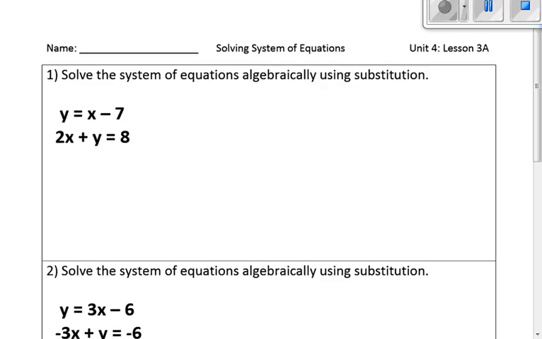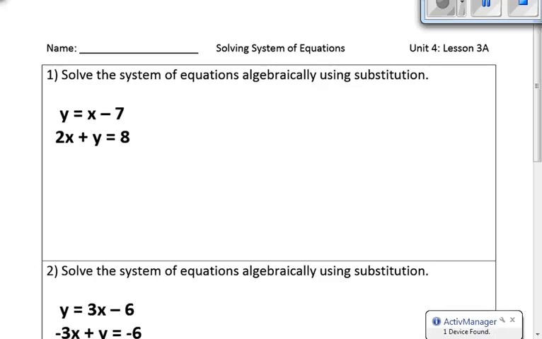Number one, y equals x minus 7, 2x plus y equals 8. This is definitely not elimination because it's not lined up. Nothing matches, so you can't do elimination. Another reason it's good for substitution is because it already says y equals.